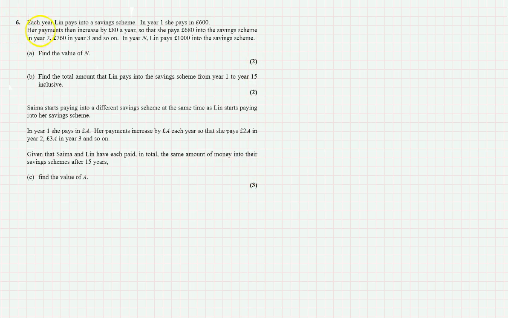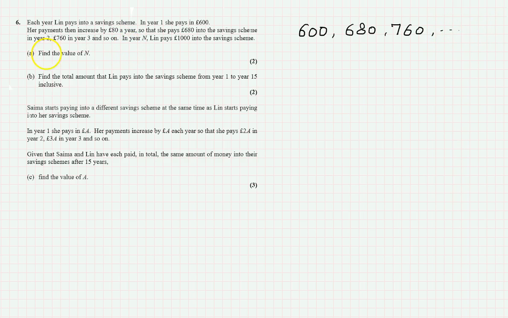7 marks. Each year Len pays into a savings scheme. In the first year she pays 600. Her payment increases by 80 a year, so that she pays 680, then 760, and so on.